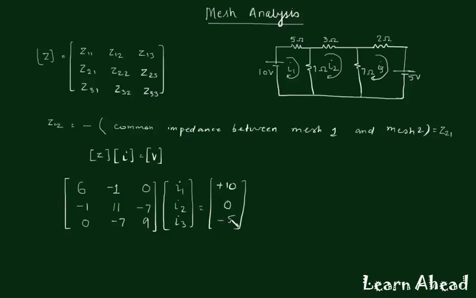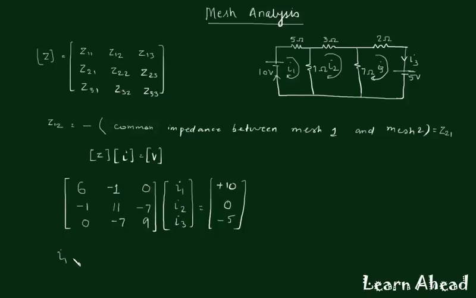The reason I have written minus 5 is that the convention we have chosen is from low to high, it is taken as positive. So I1 is going from low potential to high potential, so this is plus 10. But in this case, I3 is moving from high potential to low potential, so this will be negative. And from this you can get three equations, and there are three variables, so solving them you can get the values of I1, I2 and I3.